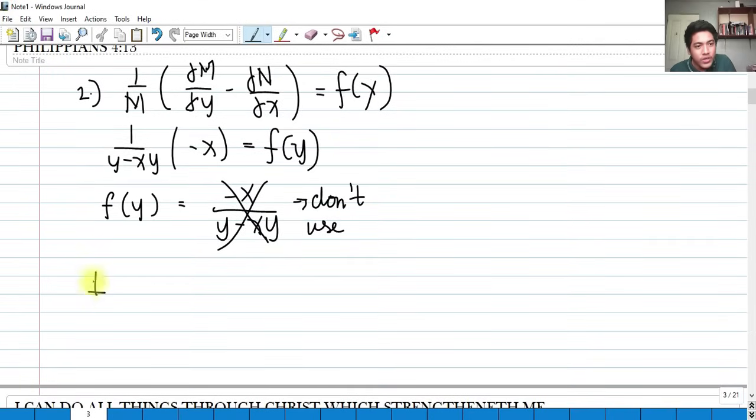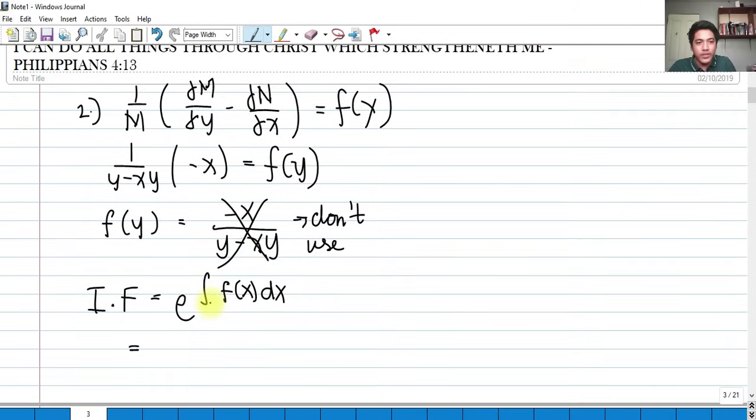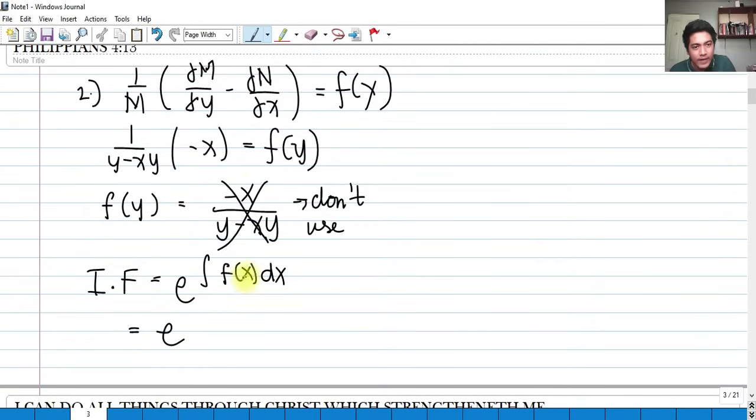So in determining the integrating factor, because we've used the first formula, it is equivalent to, let me just rewrite it again, e raised to the integral of f of x dx, where our f of x is equal to negative 1. So we simply substitute: e raised to the integral of negative 1 dx.